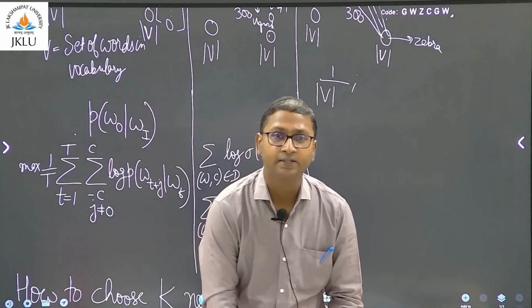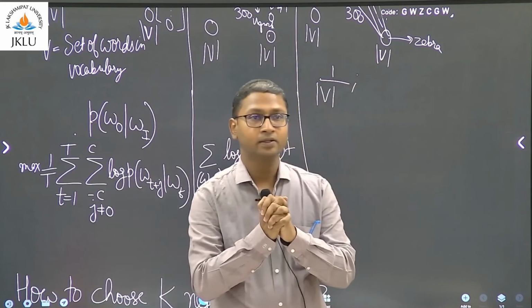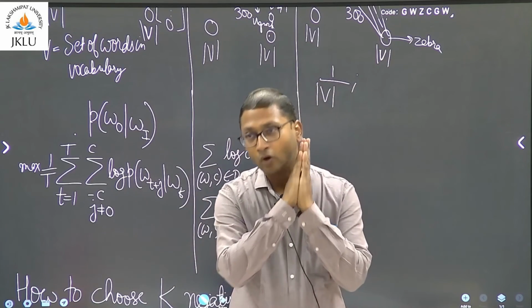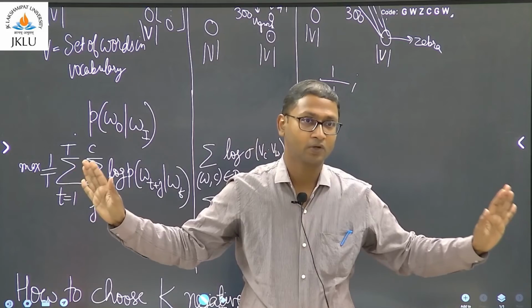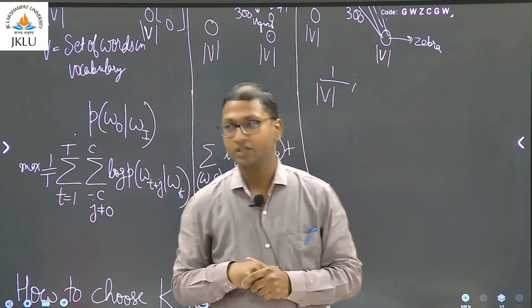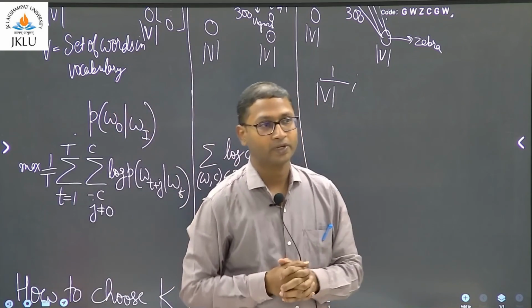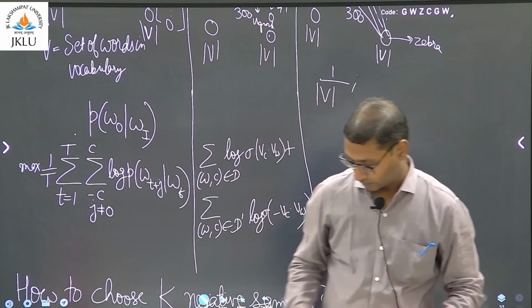What is wrong with this? So word2vec in all its details is over. But we can still do some optimizations, and that is what we are going to do. I think tomorrow will be the last class on word2vec. Okay, that's it. Thank you.